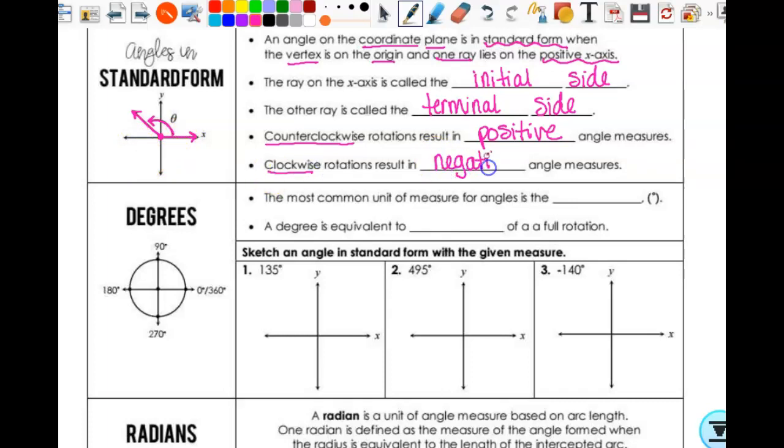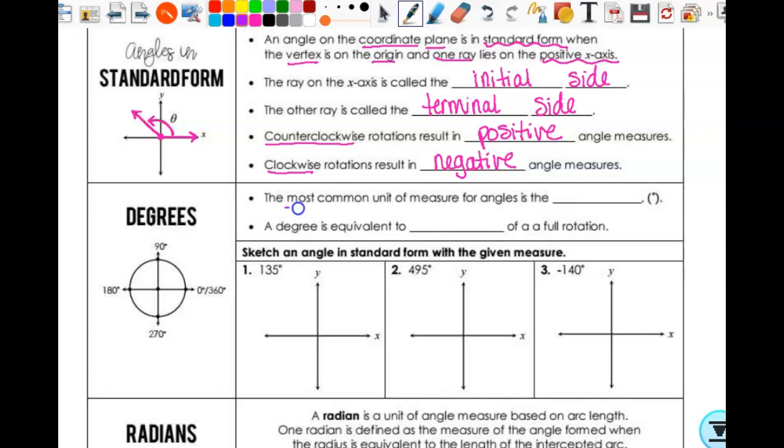And hopefully in geometry you did talk about the fact that you can get negative angle measures. When you're just drawing a triangle and solving for a side or whatever, you're not going to have a negative angle measure in that, but you can on the coordinate plane. Okay? Everybody good with me so far? All right. So angles are not new to you. Degrees are not new to you.